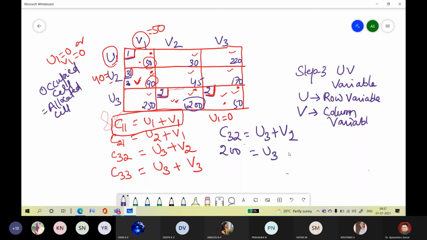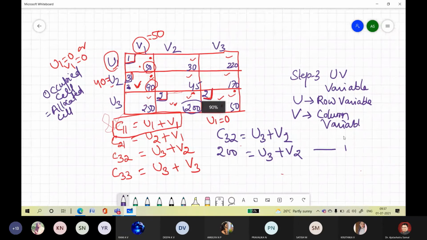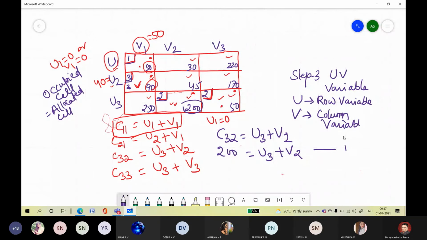What is V2? We have not got V2 in any equation, so we have not got any relation yet. You have to keep this relation as usual. We will go for the next relation and see how we will get the value. There is no V3, we don't have V2. You have to calculate these. So now I'll go for the third equation, C33.